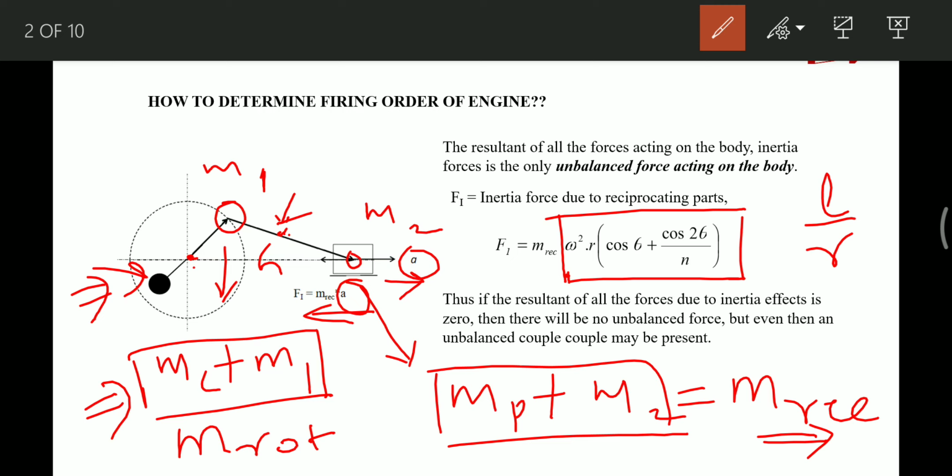So as you can see from the whole discussion, the forces because of the mass of rotation can be balanced by the counterweight, but the inertia force because of the acceleration of the reciprocating masses is unbalanced. So the unbalanced forces present in the crank mechanism are because of the inertia forces.